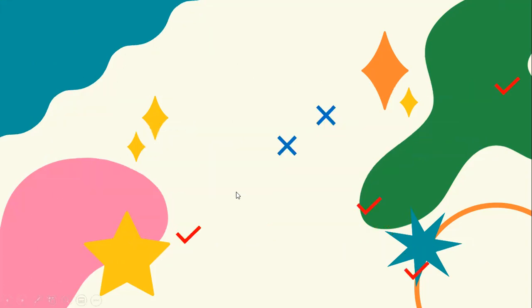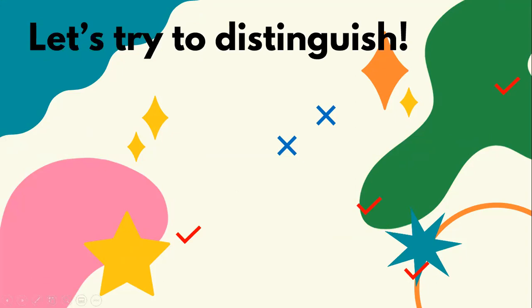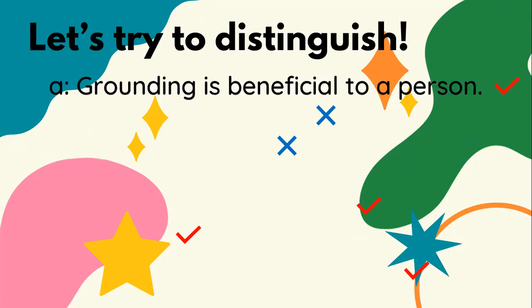Ayan. So, syempre, hindi ko na nalagyan ng animation ng aking mga X. So, here is an example of a declarative statement. Grounding is beneficial. This is an example of a proposition. But then again, the truthness or the falsity of this statement depends on someone.